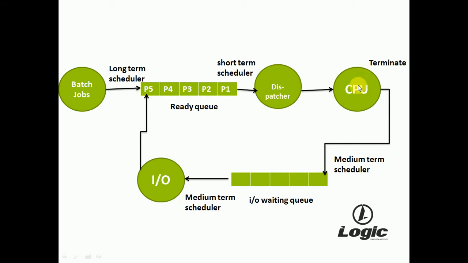After completion of the first process, the short-term scheduler again picks the process which has the shortest execution time among the remaining processes, and that process is assigned to the CPU for execution.